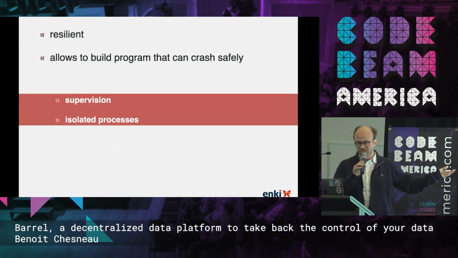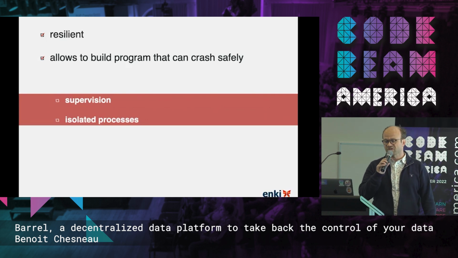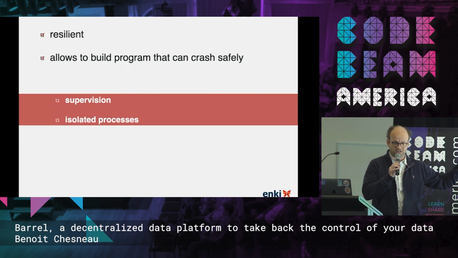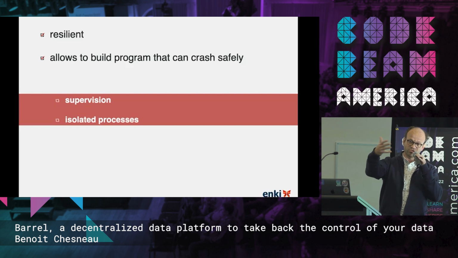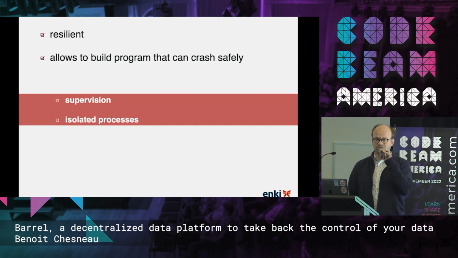So resilience allows you to build a program that can crash safely. In Erlang, you have supervision built in. You have two kinds of supervision: the supervisor, and the supervisor of supervisors, which is the application handler on the node.